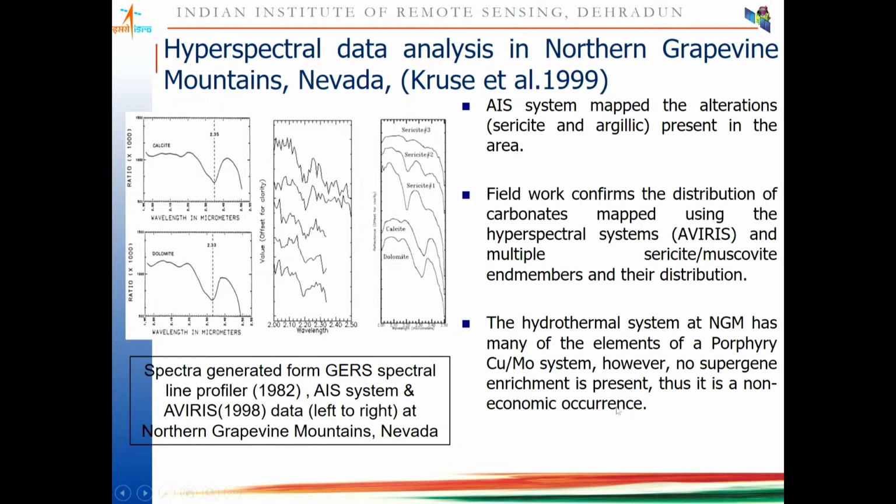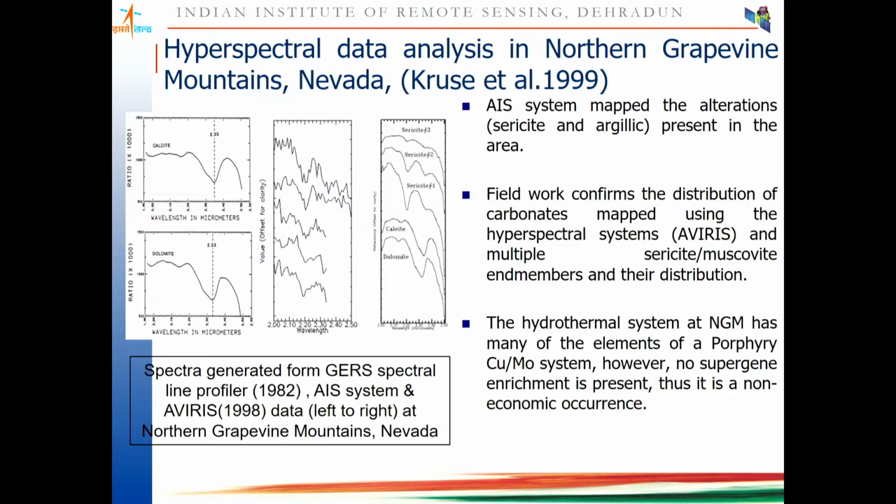That's why, as I have told you, at times on the surface you can see some gossans or something, but the enrichment at the surface should be there to extract it economically. So in this case study, they found that in the Grapevine Mountains, Nevada, there are indications of gossan present on the surface, but the supergene enrichment which is responsible for the deposition of these minerals, copper etc., is not present.